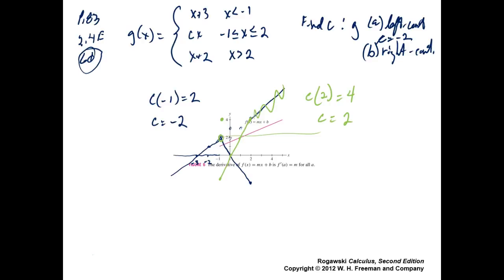That's a removable discontinuity because you can just change that value to here and it would be continuous. Okay? Now, for it to be a jump discontinuity, that would be like this one. It comes up here, has an open circle here, then a solid circle here, it goes. There's no way you're going to make those two ever the same. That's a jump discontinuity. Or this would be a jump discontinuity.